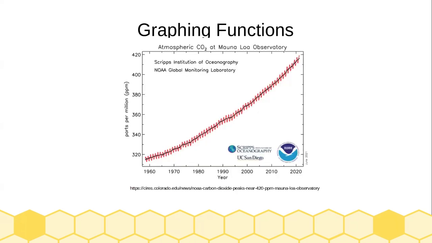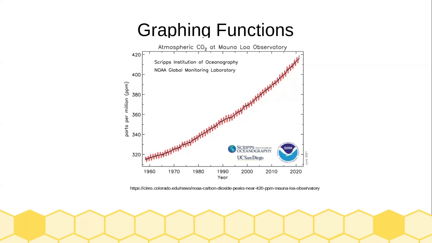So for example, this is the Scripps Oceanography atmospheric CO2 at the Hawaiian Mauna Loa Observatory. As you can see, it goes up, and the raw function is going to be the amount of CO2 versus the year, where the year is your independent variable and the amount of CO2 is your dependent variable.